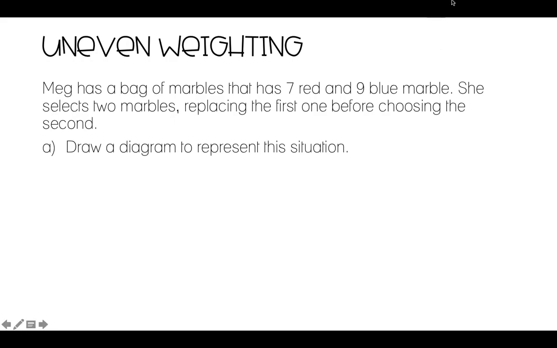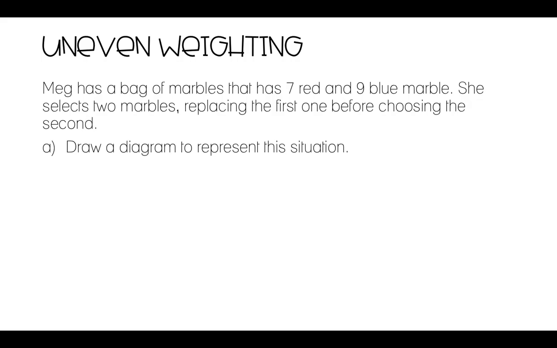The probability of selecting a red marble is less than the probability of selecting a blue marble because there are fewer red marbles than blue. So Meg has a bag of marbles that has 7 red and 9 blue marbles.